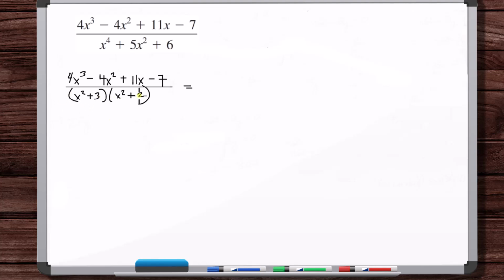Both of these are to the first power, so the first factor, we just put x squared plus 3, and then ax plus b, and we're done because it's to the power of 1. And then the next factor, we do the same exact thing: cx plus d. Done. It's to the first power. Now we need to solve for a, b, c, and d.